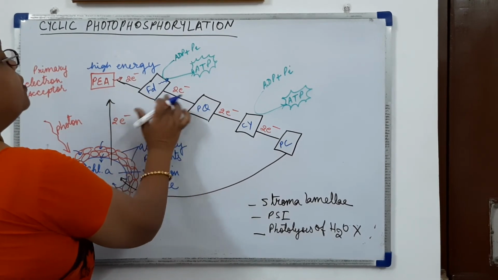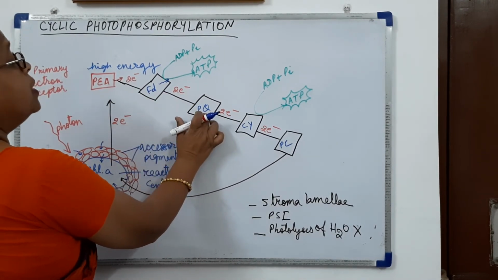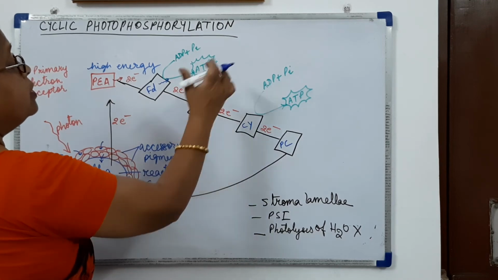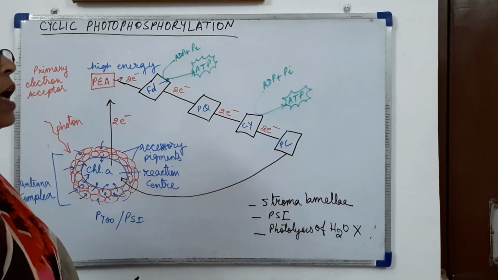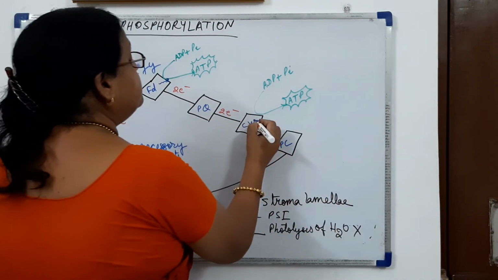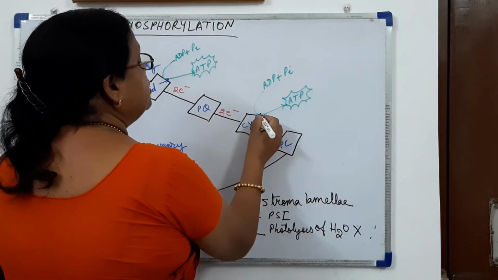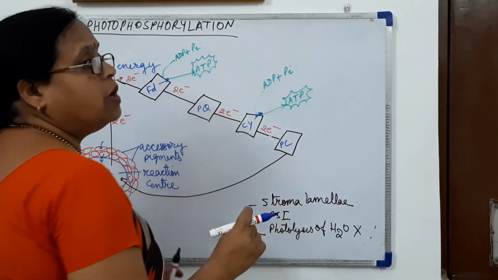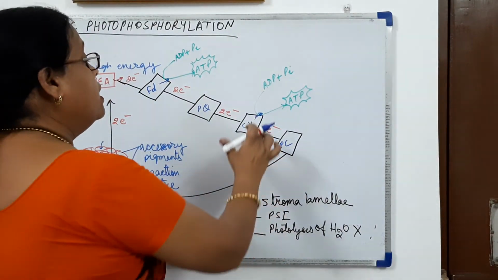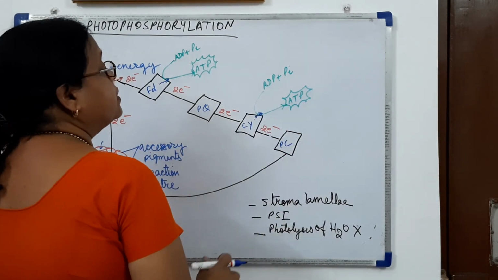Then these electrons when pass into plastoquinone, then the plastoquinone will pass these electrons to cytochrome complex. Again at this level, the energy will be released, which is utilized by the ADP to join with inorganic phosphate to form ATP.